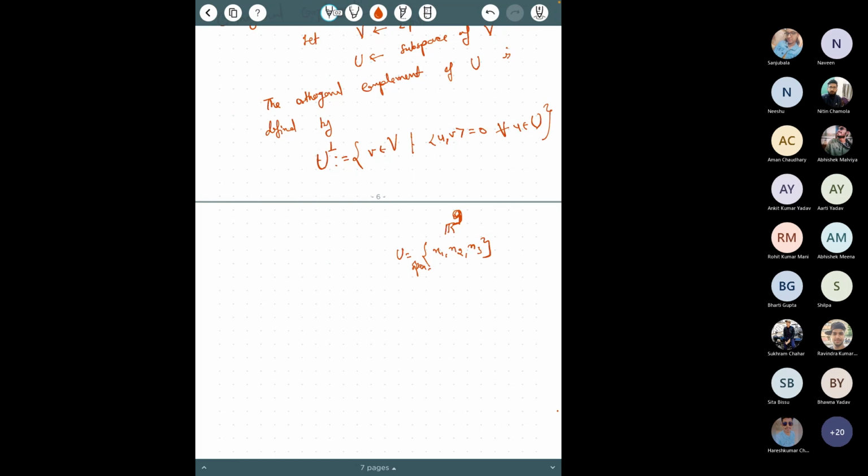Whatever you are saying will not even work for this example in R2. This was your U, and you said that this is in the orthogonal complement. If I take any vector here, this vector is not in U, but it is not orthogonal to U. So whatever you are saying is not true.